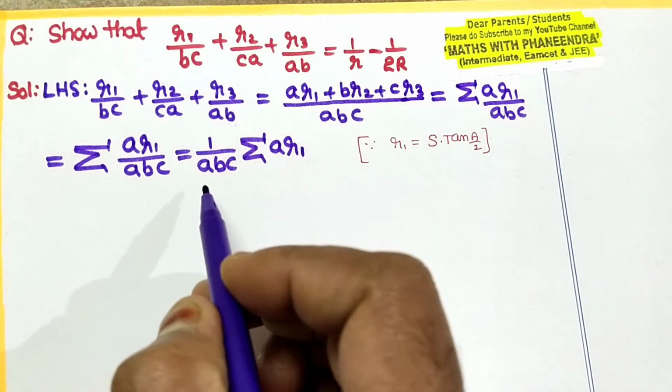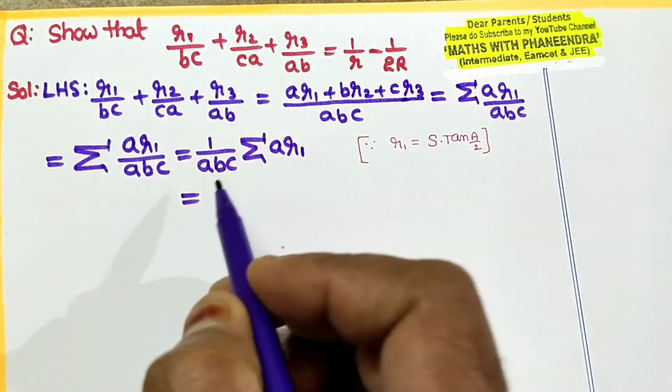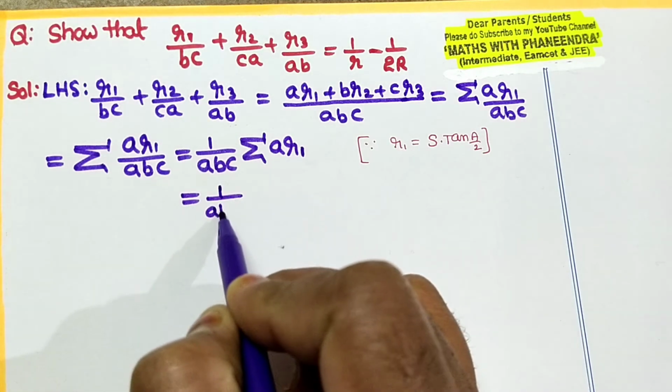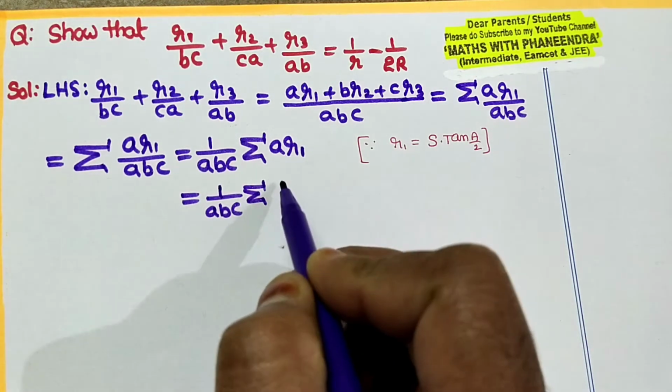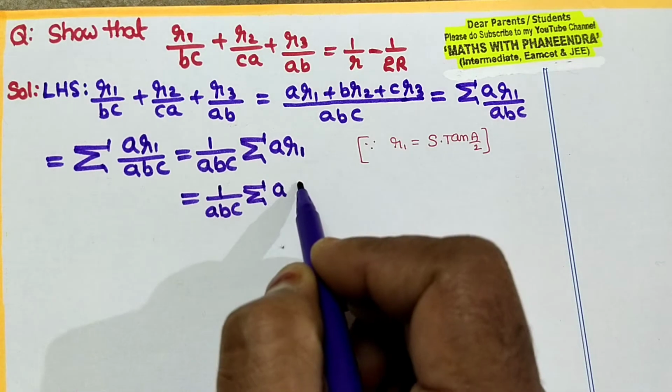So now the next step becomes summation 1 by ABC summation A into, in place of R1, S into tan A by 2.